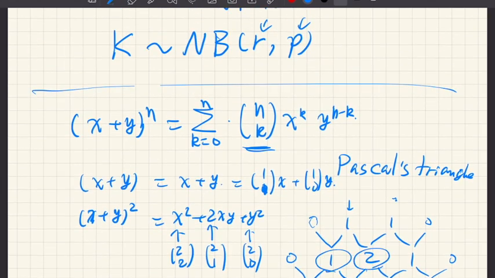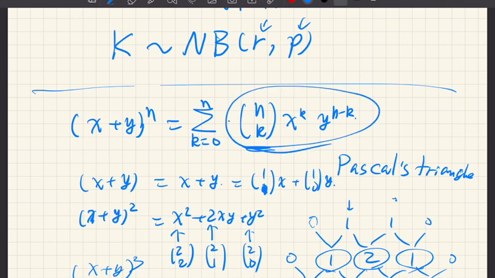So these coefficients are the binomial coefficients. If you make it cubed, you will have these coefficients. So this appears in the binomial distribution. If you look at the binomial distribution, this is exactly the form of the probability distribution, if you put x equal to p and y equal to q.